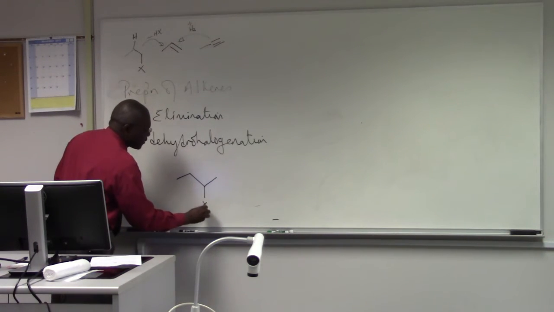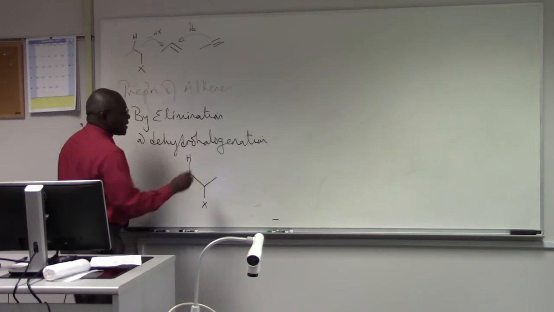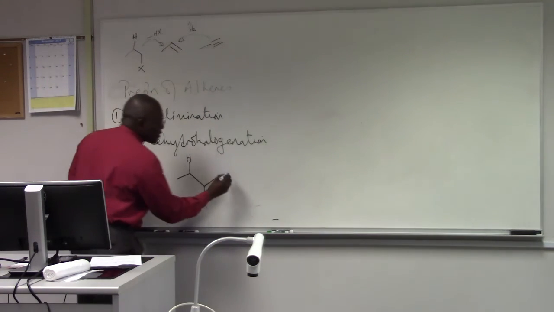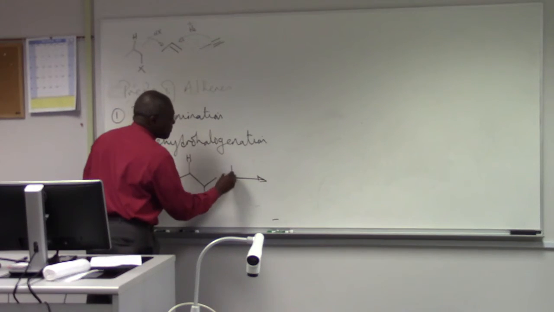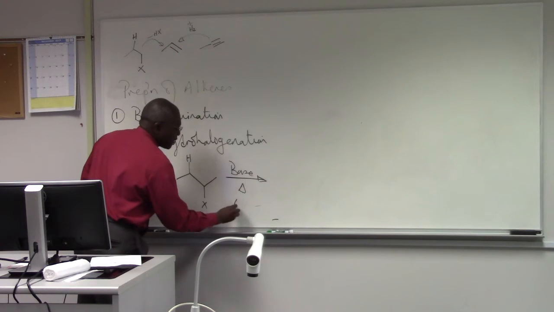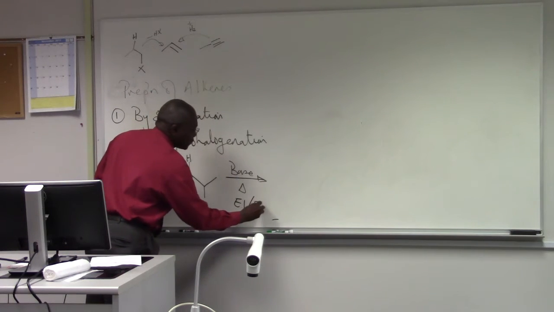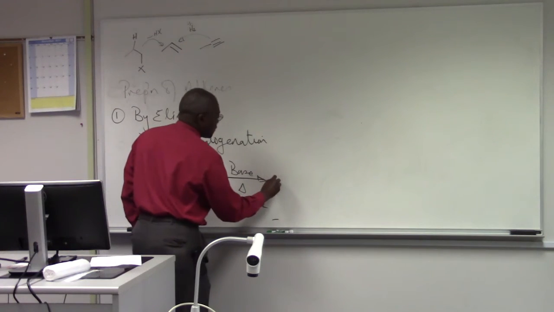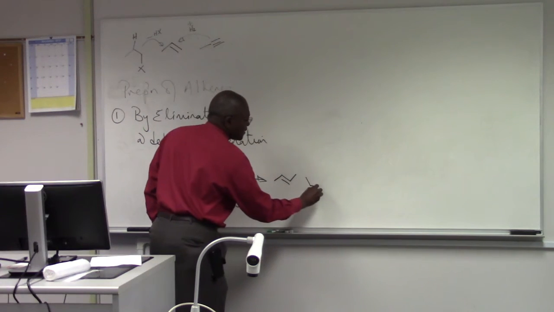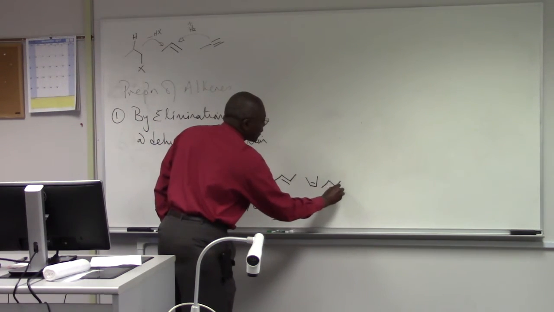I'm not going to spend much time on this because we covered it at great length when we looked at E1 and E2 reactions. I'll just mention that we treat this with some base, typically at elevated temperatures. The reaction can go E1 or E2, and that will generate your alkenes. In the particular case, you will generate the trans alkene, the cis alkene, and the 1-alkene.